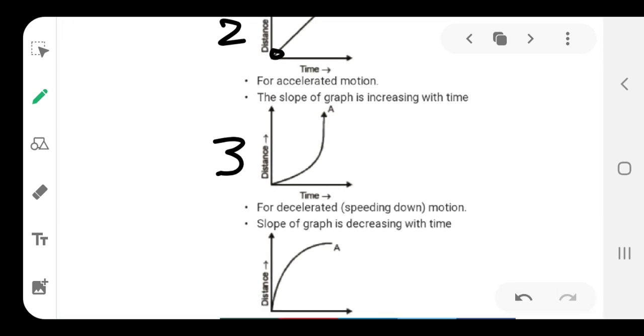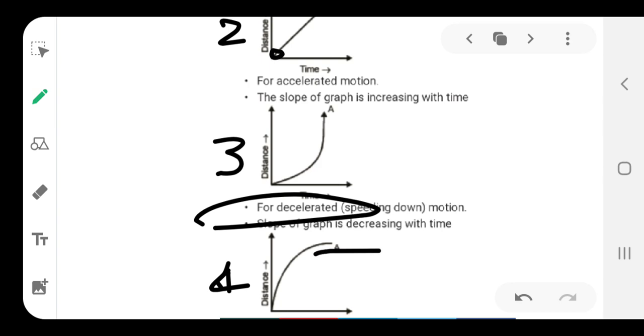And for the last one, this particular object is showing decelerated motion, that is, slowing down. Why? Because the slope of the graph decreases with time. As it reaches the apex, the slope keeps on decreasing.